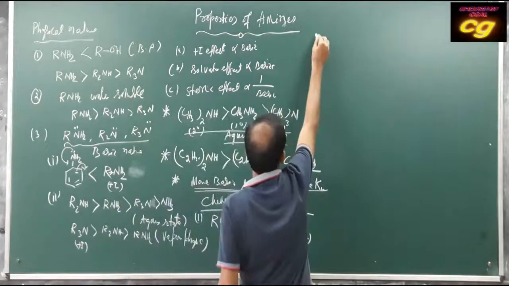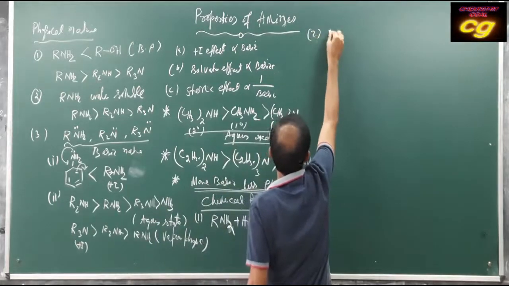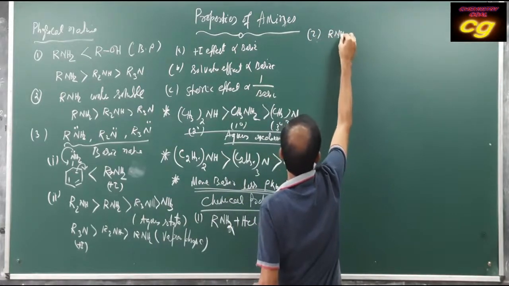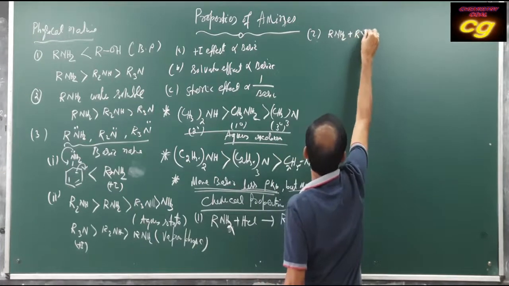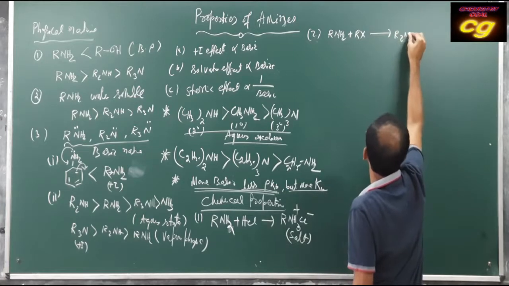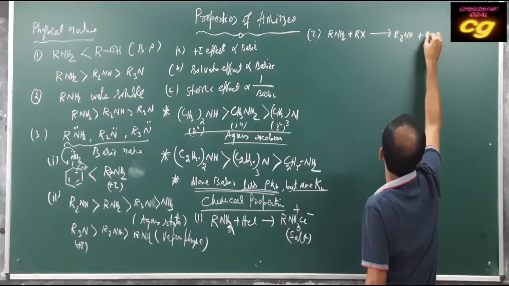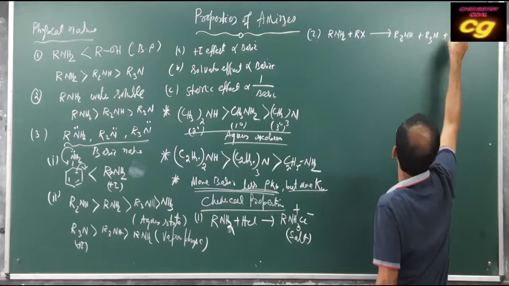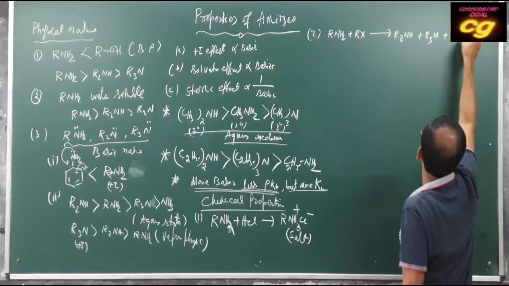Then the second one, amines react with haloalkane, producing secondary amine plus tertiary amine plus quaternary salt.